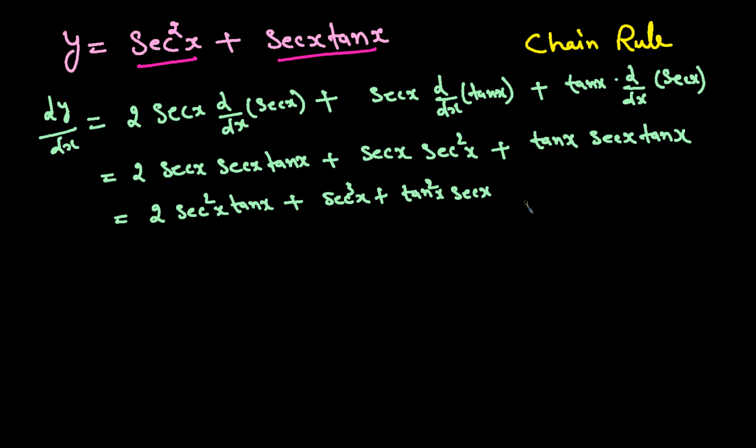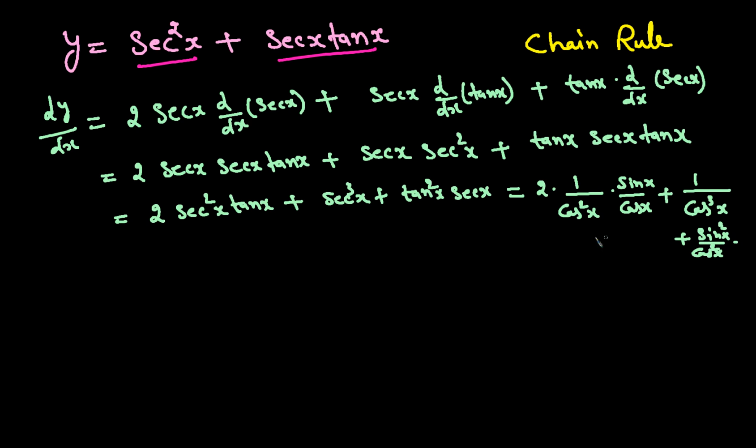All right, let's do more simplification. So 2 into secant square x, which can be written as 1 over cosine square x, and tangent x can be written as sine x over cosine x, plus secant cube x can be written as 1 over cosine cube x, plus tangent square x can be written as sine square x over cosine square x, into secant x, which can be written as 1 over cosine x.